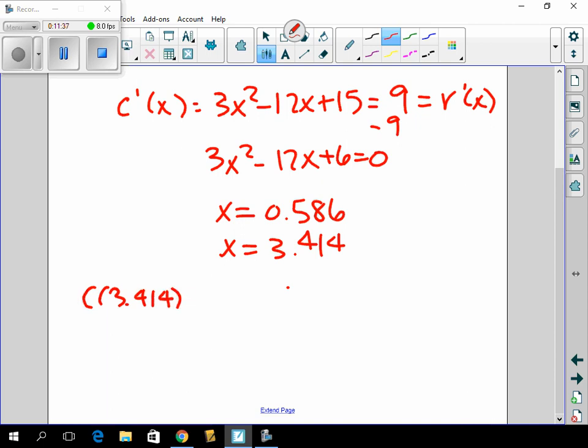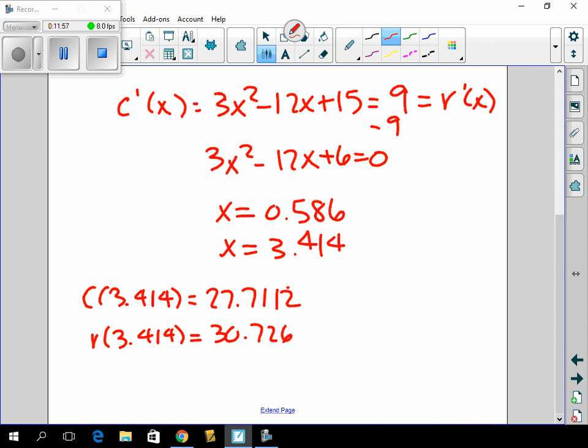And so if I plug 3.414 into my cost, I get that that is equal to 27.7112. And if I plug it into my revenue, 3.414, that's 30.726.